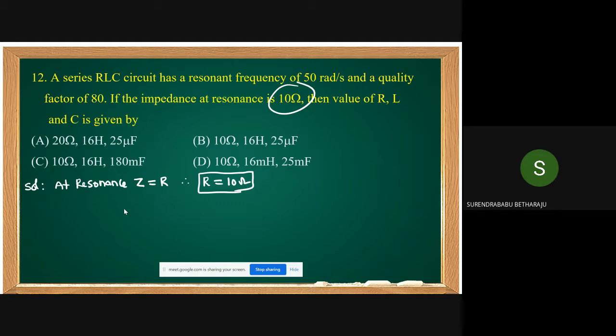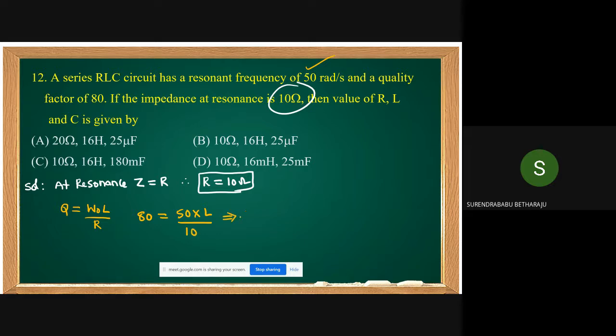Then we want to find the inductance. For that, quality factor is given. Quality factor equals omega naught into L by R. The quality factor is 80, resonant frequency omega naught is 50 radians per second, and resistance you just calculated is 10.